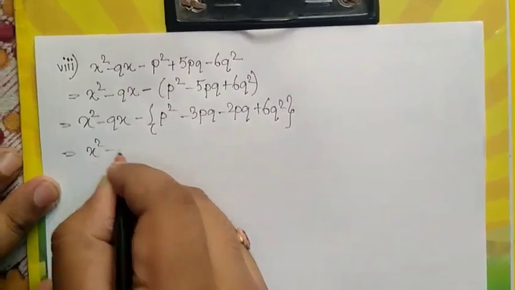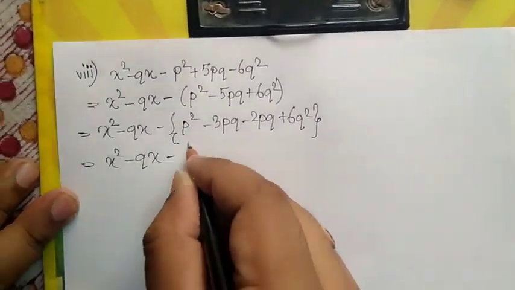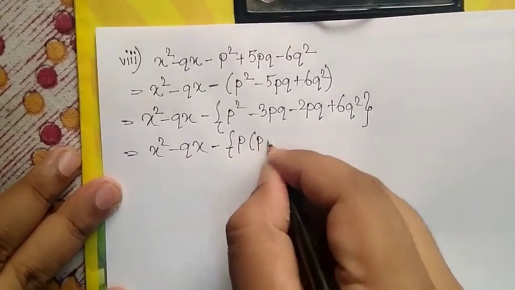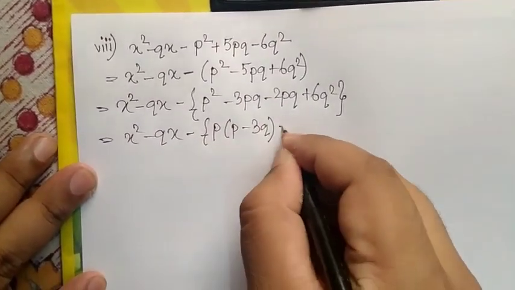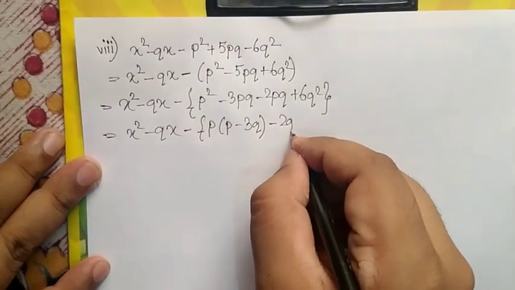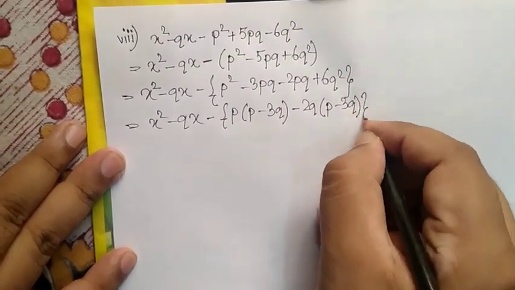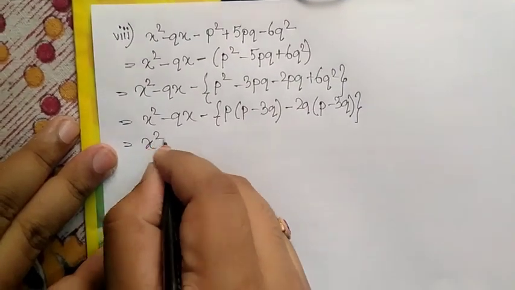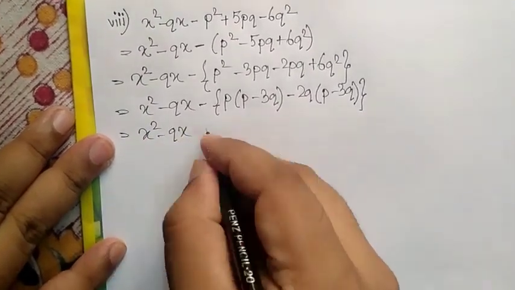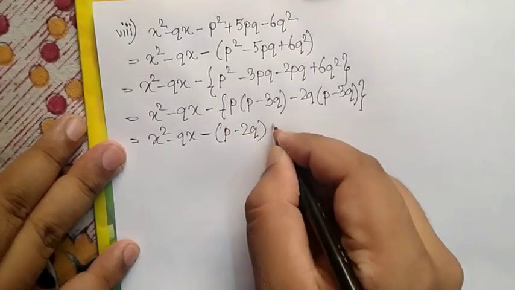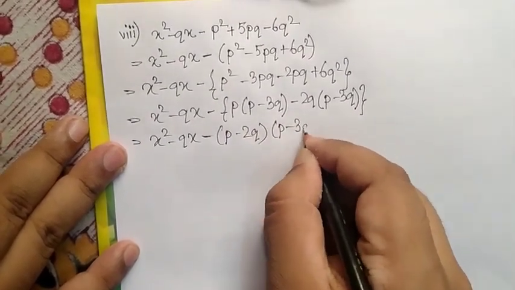After that x square minus qx minus, take common p minus 3q, minus 2q, p minus 3q. So therefore x square minus qx minus p minus 2q and p minus 3q.